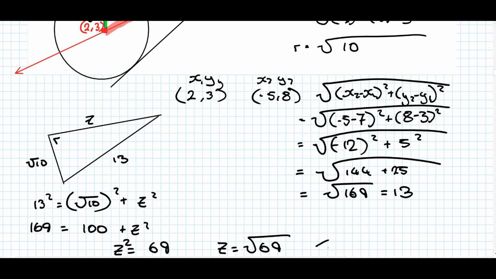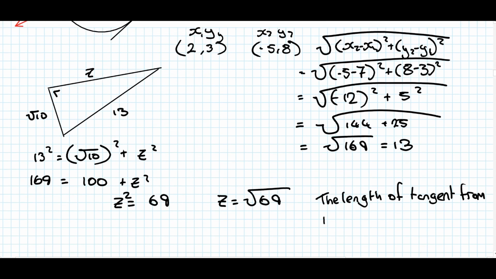So we know the length of the tangent from point to circle is square root of 69 units.